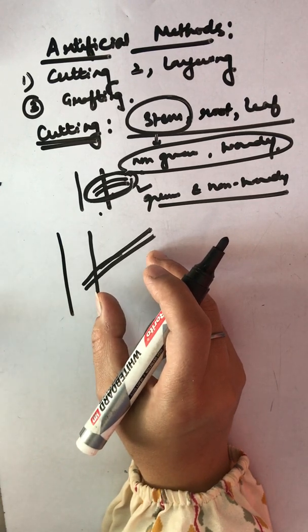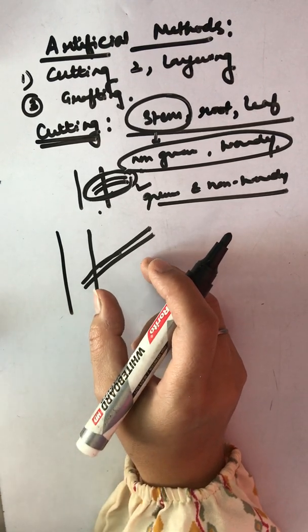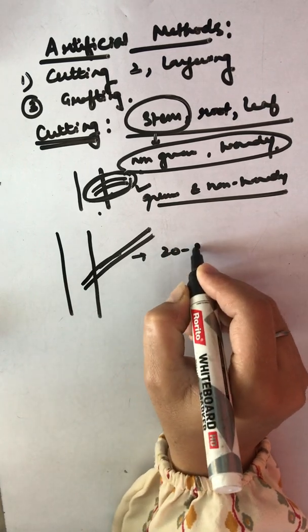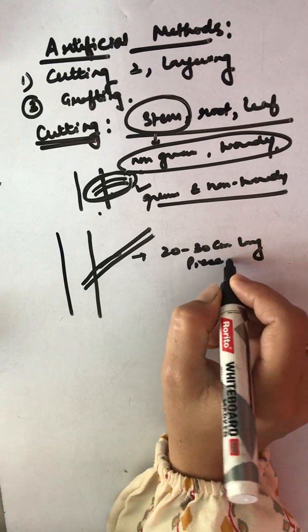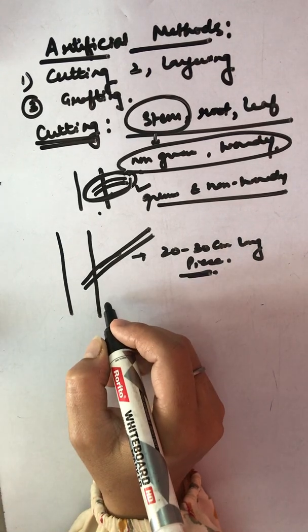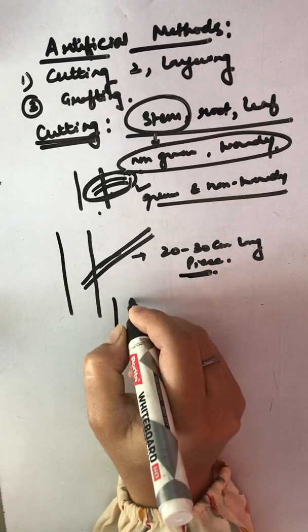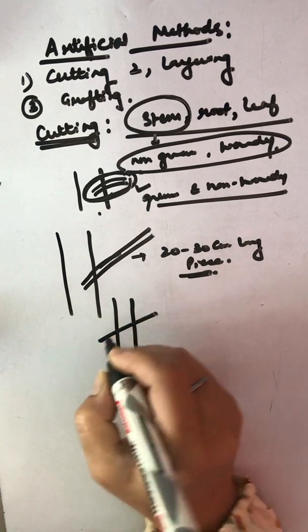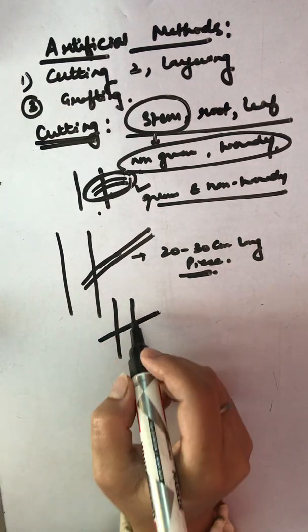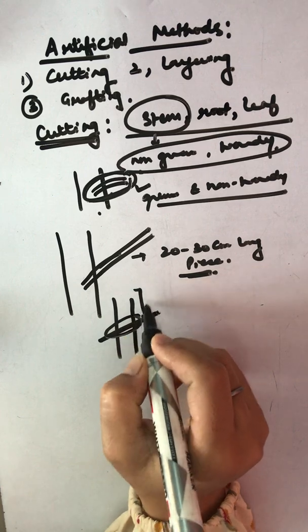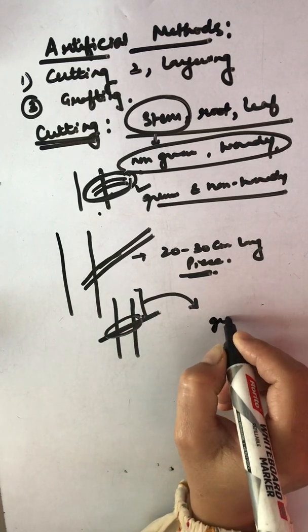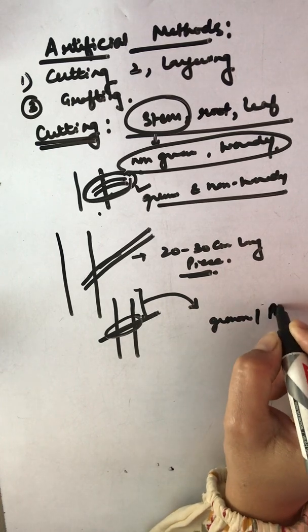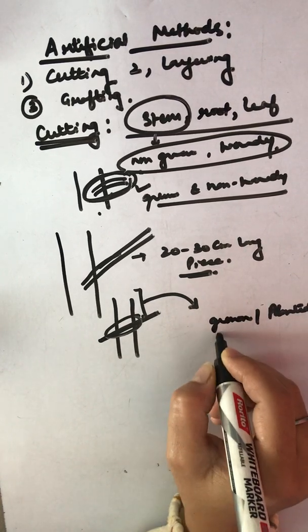Okay, here when we select the plant part, we have to select a non-woody or a green branch, which is normally collected, and about 20 to 30 centimeter long piece of stem is planted in a natural position in the wet soil in this way. It is first obtained by giving this slant cut, and then this piece is recovered and is grown or planted in wet soil.